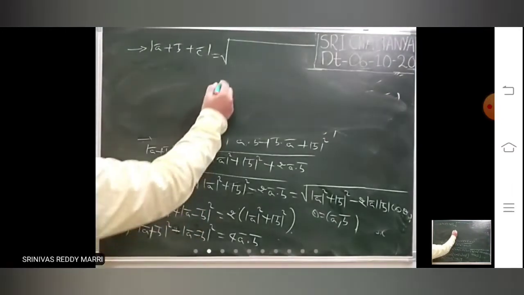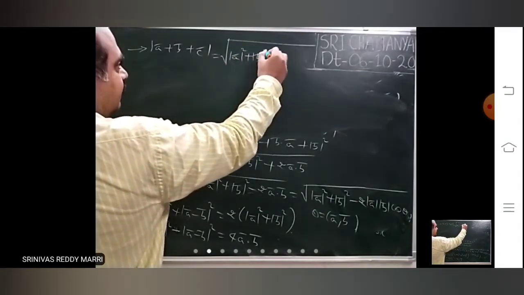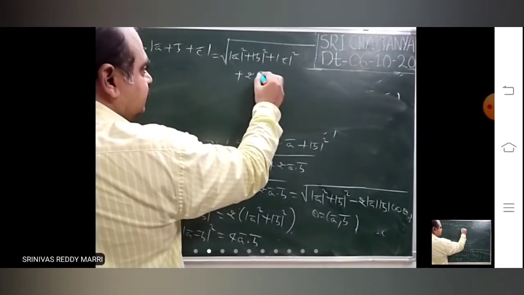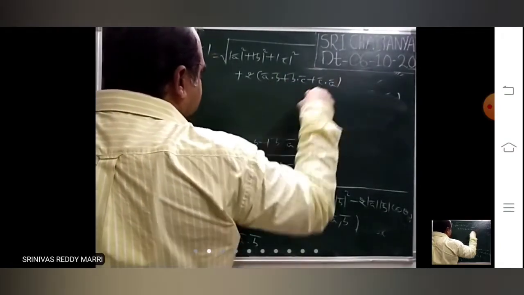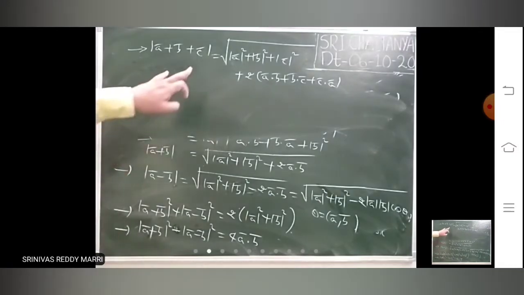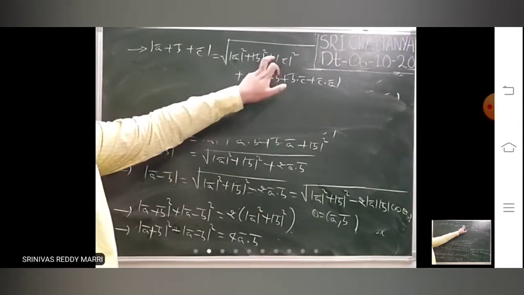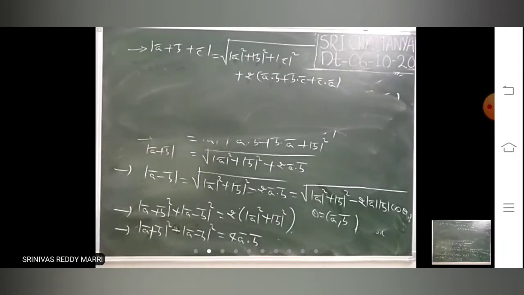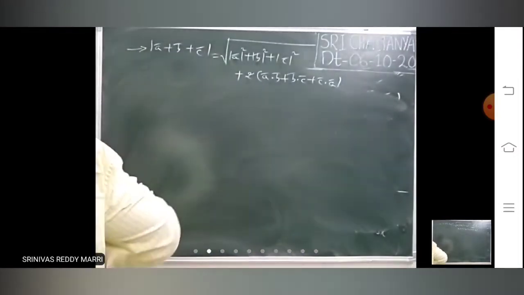The magnitude of the resultant of three vectors is nothing but root of modulus a bar square, modulus b bar square, modulus c bar square, plus 2 into a dot b plus b dot c plus c dot a, all completely inside the root. Look at the problems, how you will come across the problems.